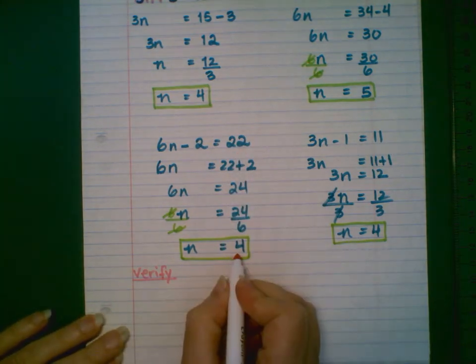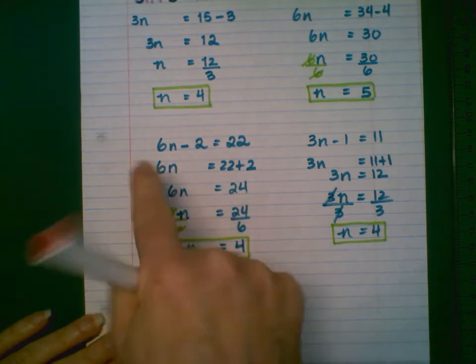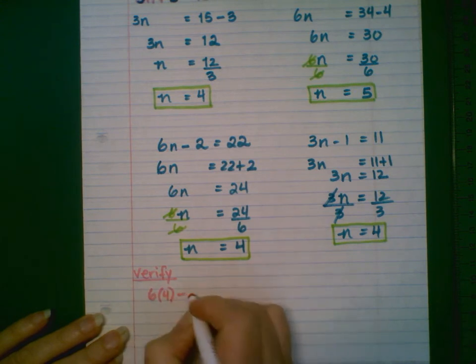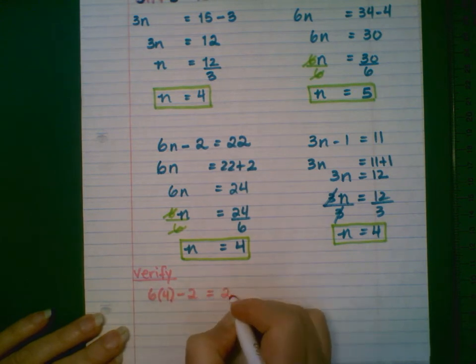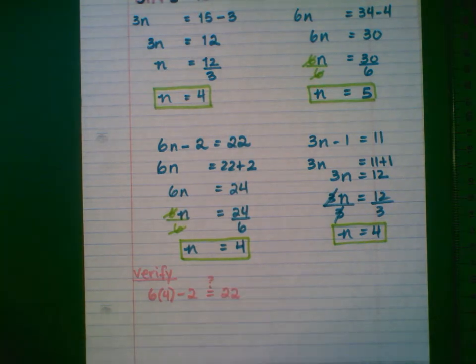So if I'm verifying that n is worth 4 in this equation right here, I'm going to put a 4 in where the n used to be. And I don't know if it's equal, so I'm going to put a little question mark there. That's one way to indicate this is a verification, that you're double checking.